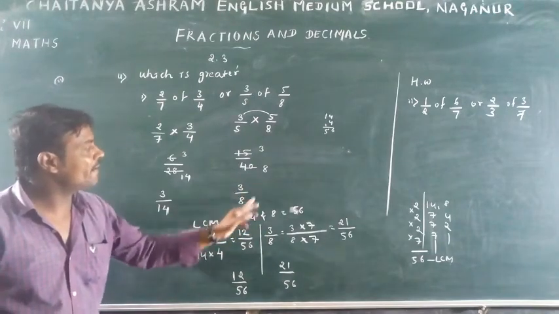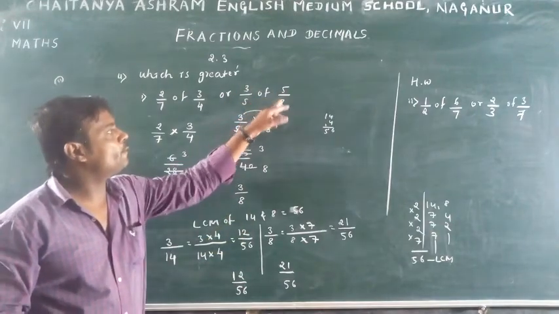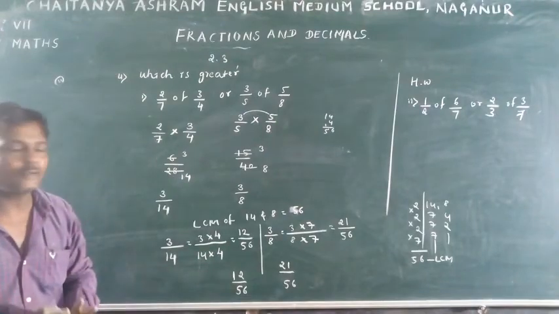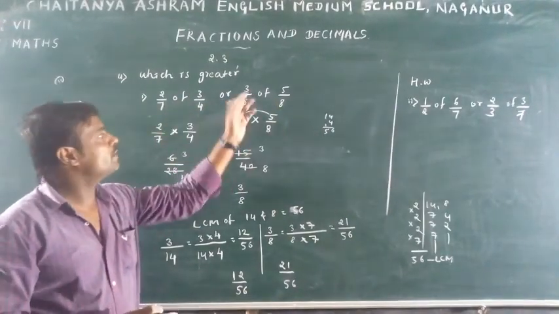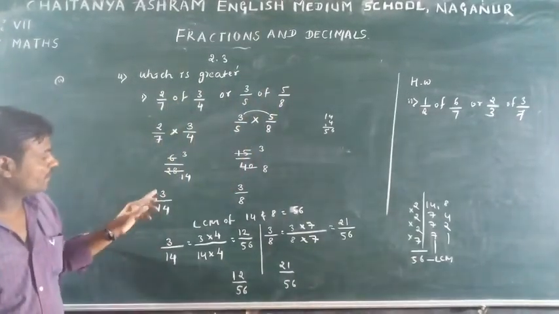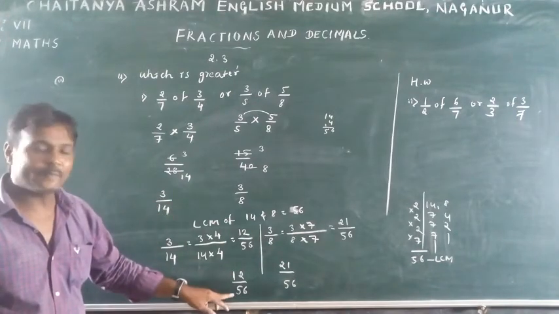This 3 divided by 8, initially it was 3 by 5 of 5 by 8. So which one is greater among these two? Observe here, 3 by 4 of 2 by 7 is the same as 3 by 14, which is the same as 12 by 56.